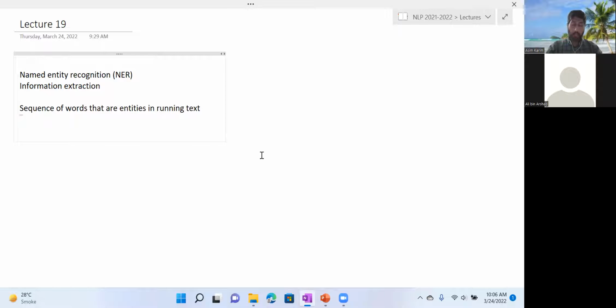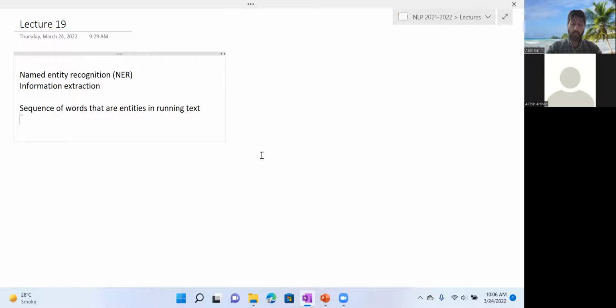So entities can be of different types. And the type of entity that you're trying to identify is what is called the named entity. So we are naming the type of the entity. So that's where you can say the name comes from.